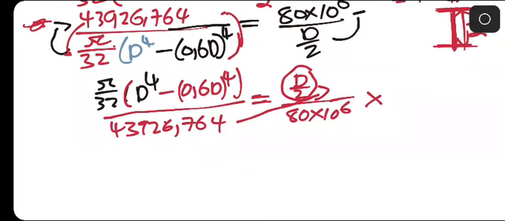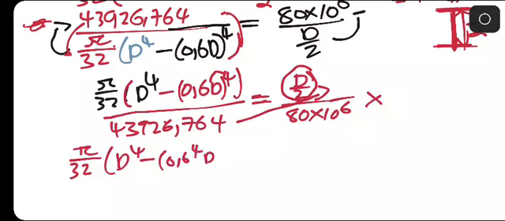Okay, then I divide by this. Let me show you: pi over 32 into d raised to the power 4 minus, punch this. Remember, this is the same as 0.6 raised to the power 4 d raised to the power 4.